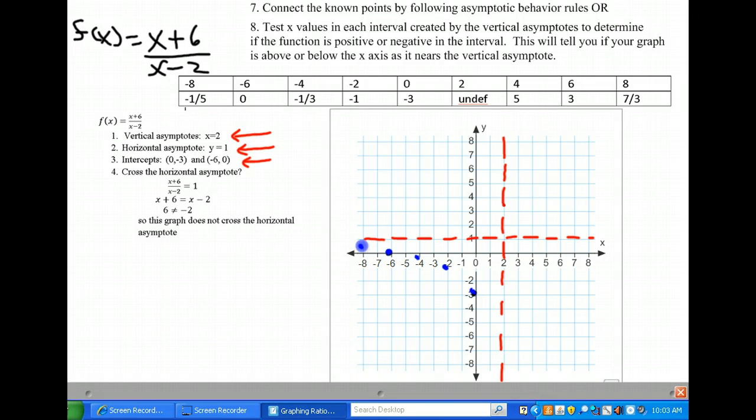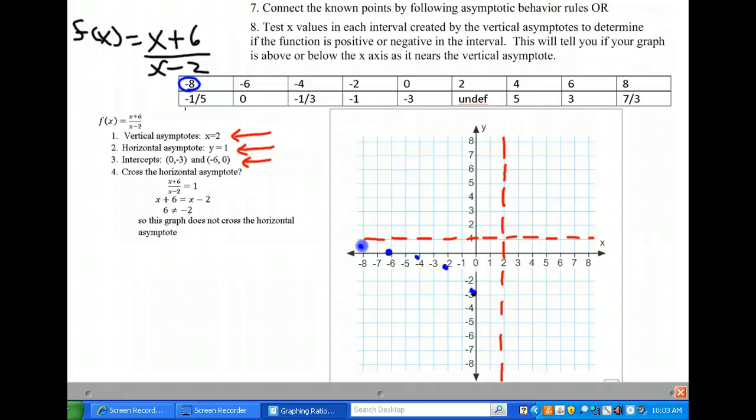You certainly see the shape of being a curve, and if you'll notice at 2 it's undefined because that is exactly where our vertical asymptote was. If you're not sure how I got these numbers, all I simply did was, for instance, for the first one, negative 8, I simply substituted into the function f of x equals x plus 6 over x minus 2, and then I reduced the fraction.